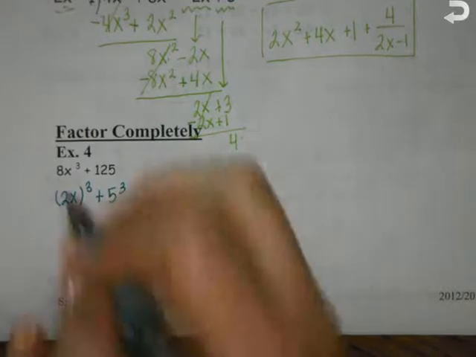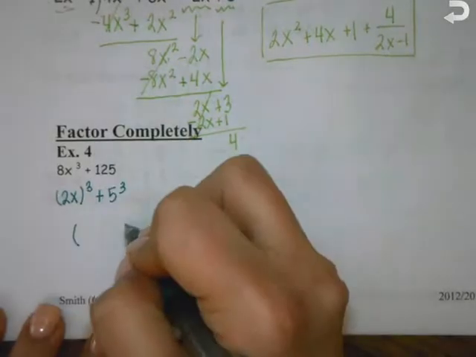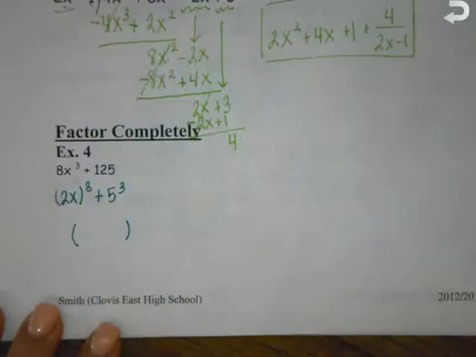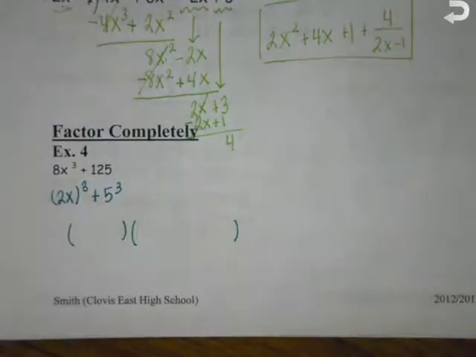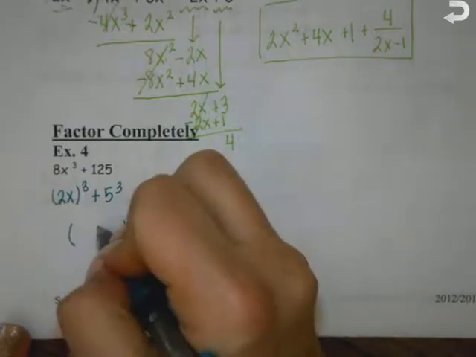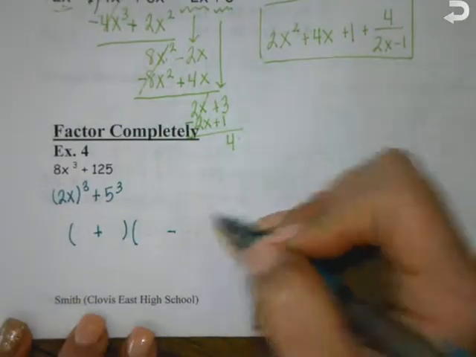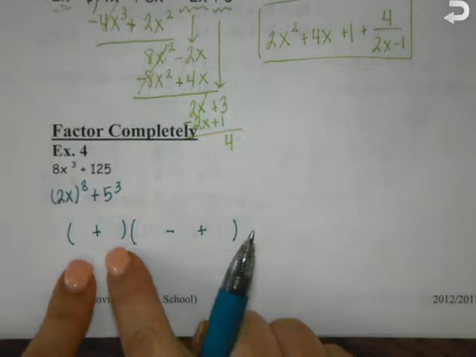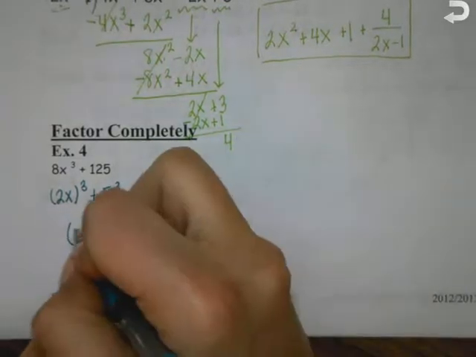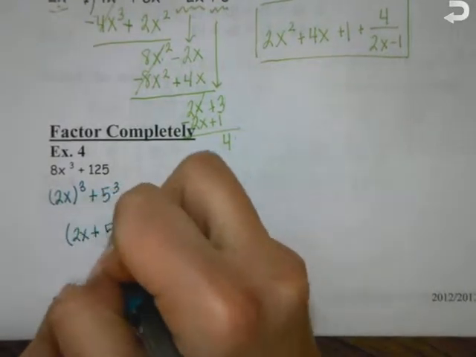So remember, to do SOAP, you make a small set of parentheses, a larger set of parentheses, same, opposite, always positive. In the small parentheses, you just put your bases. So we have 2x and 5 go in there.